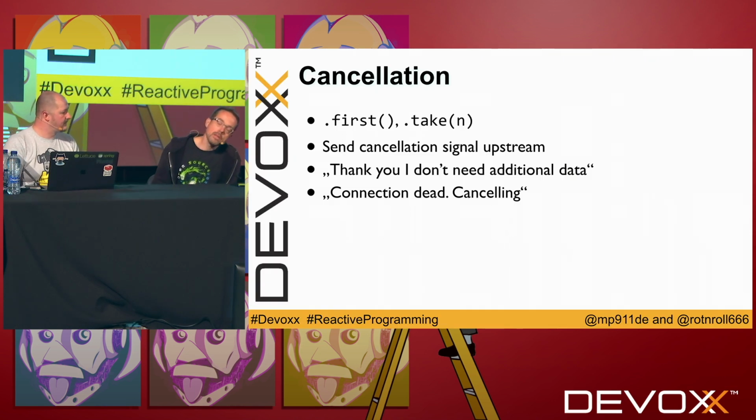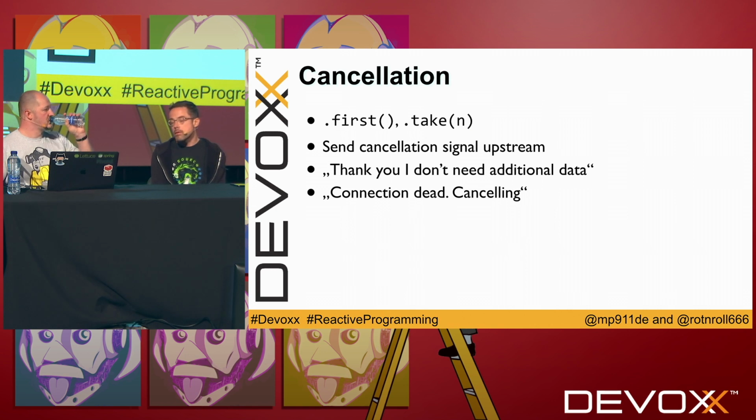Yes. So what we see now is that the cancellation happens when there are network issues, when the browser goes away or the query request goes away. Cancellation happens also if I take only first elements of a flux or mono, or take n, or use the limit request. So the cancellation signal is sent upstream, like in thank you, I don't need additional data.